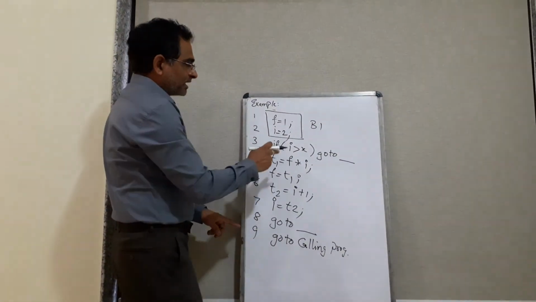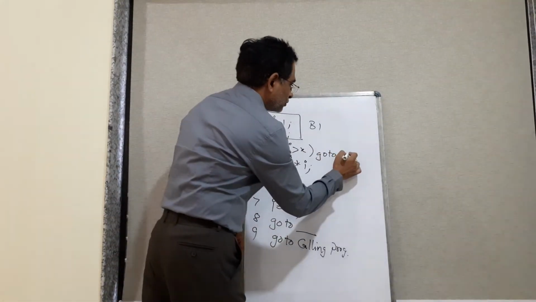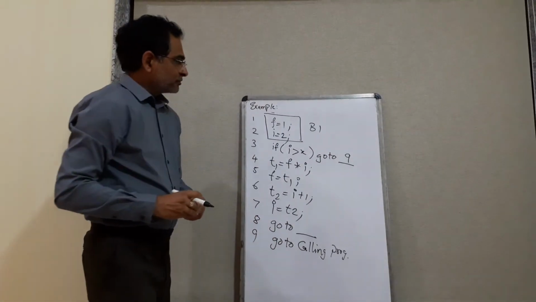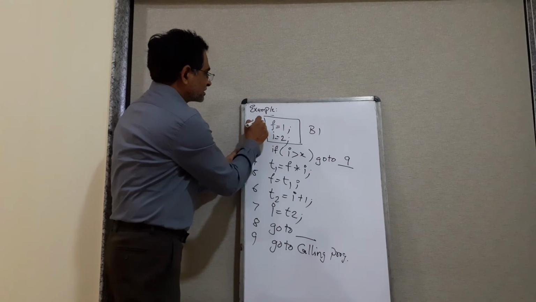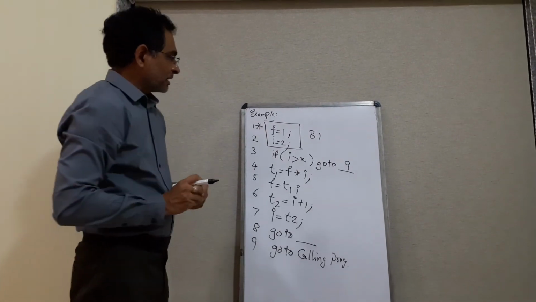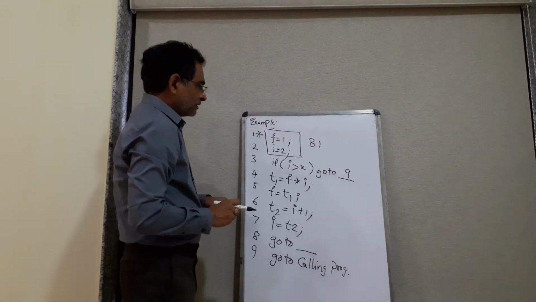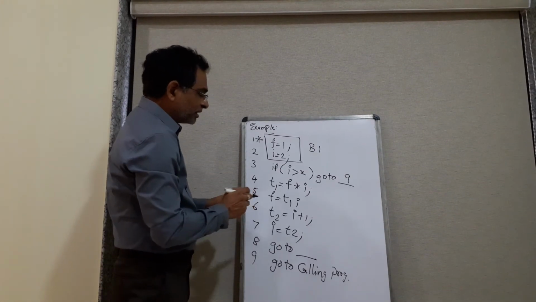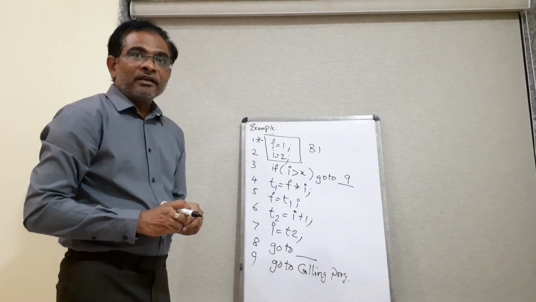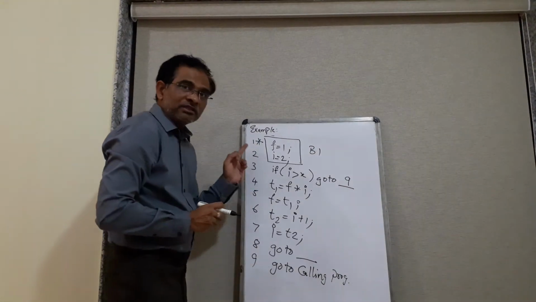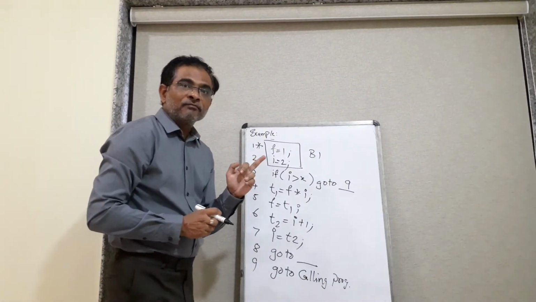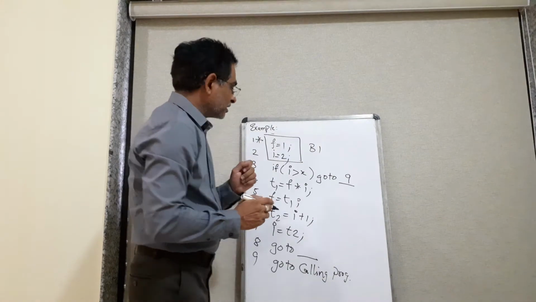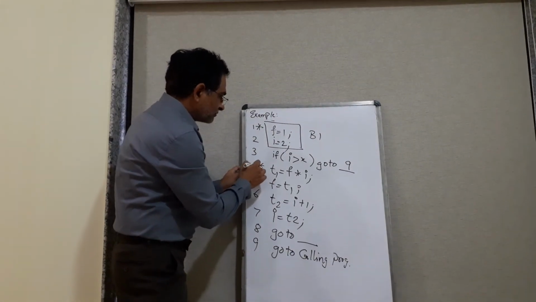If i is greater than x, then it has to return, so go to 9. I am writing a star here to indicate that it is a leader entry point. The statement immediately following a conditional transfer is also going to be a leader.